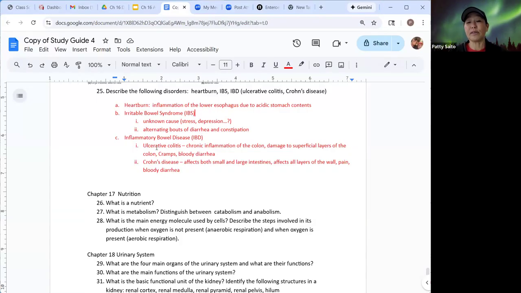So peptic ulcers are in the stomach, but these are other ulcers, which is damage to tissues and causing infection. All right, chronic inflammation, damage to superficial layers of the colon, right? The mucosa, maybe submucosa. You get bloody diarrhea, etc.